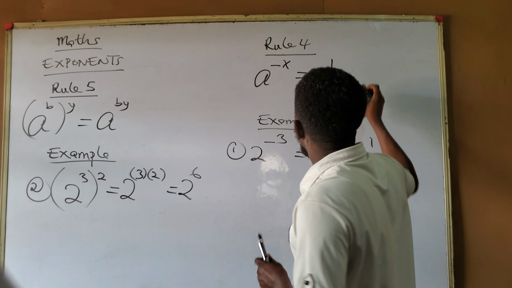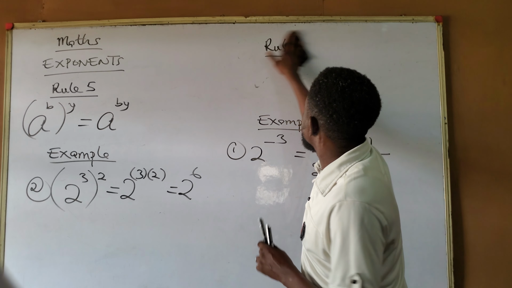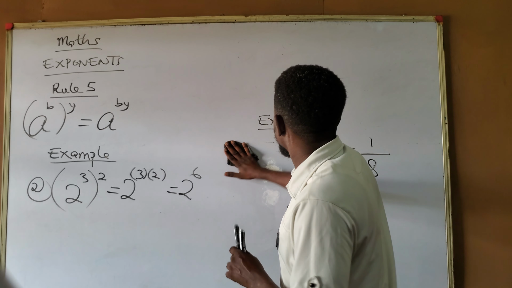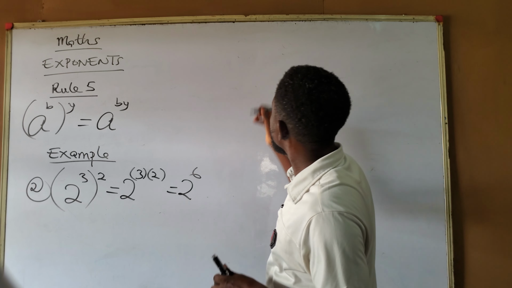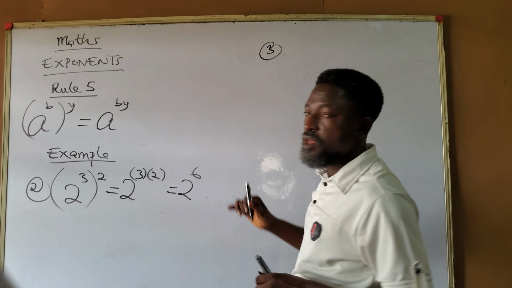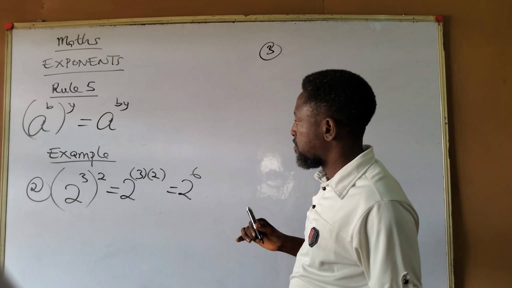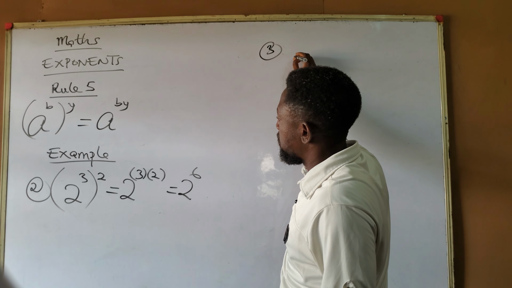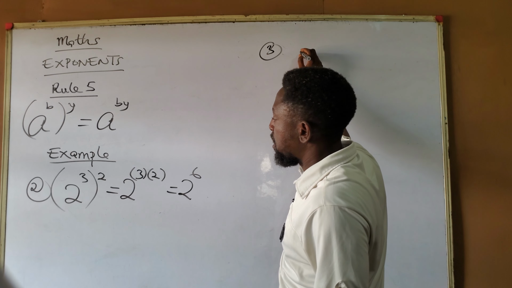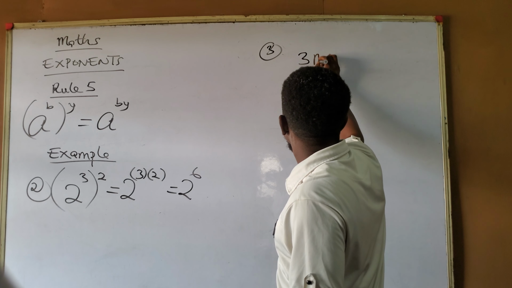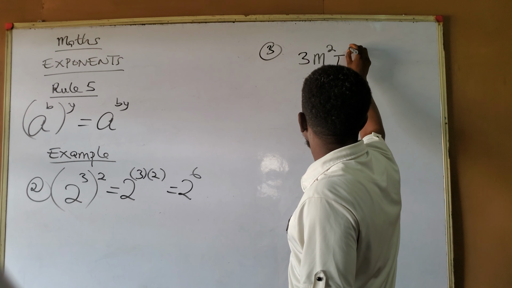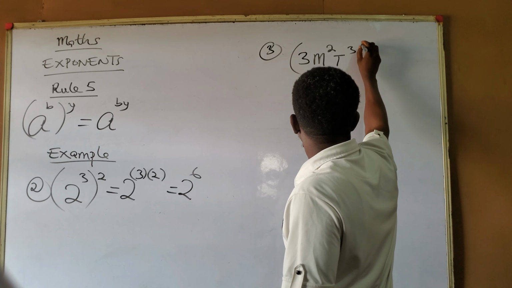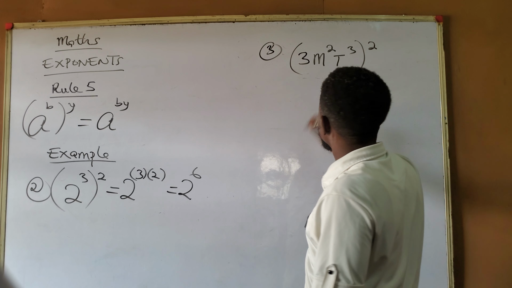Also, even if you have something like 3 m to the power 2, c to the power 3, r raised to the power 2, you have something like this.